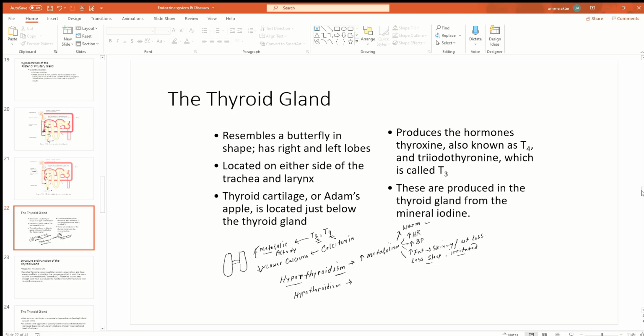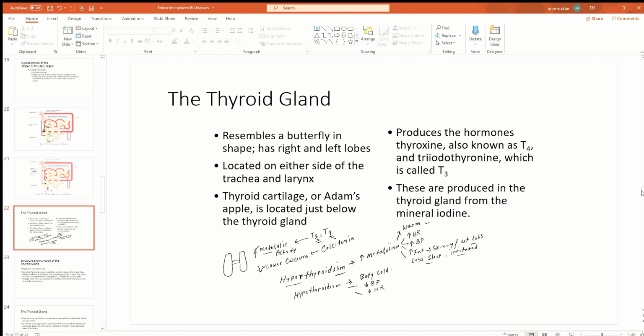But in hypothyroidism, it is the opposite: cold body, chill. Okay, body temperature is low, blood pressure is low, heart rate is low. So those are the things you will see happen in hypothyroidism.